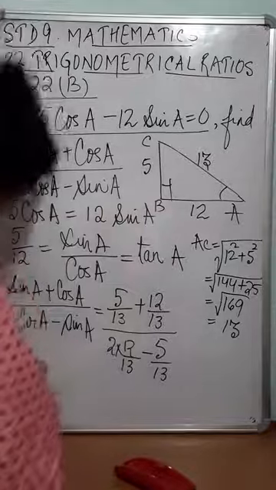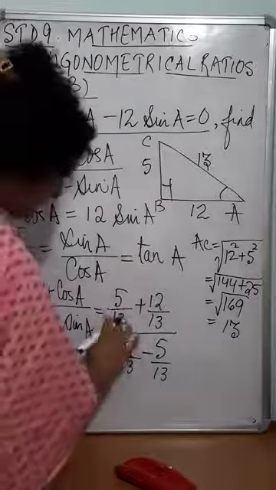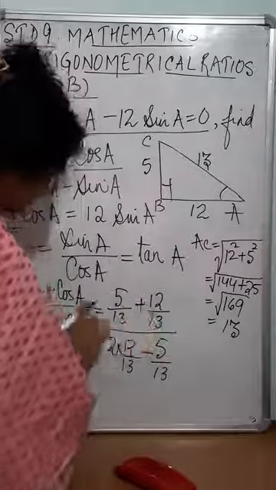Simplifying it further, we have 13 in the denominator, therefore simply add the numerators.